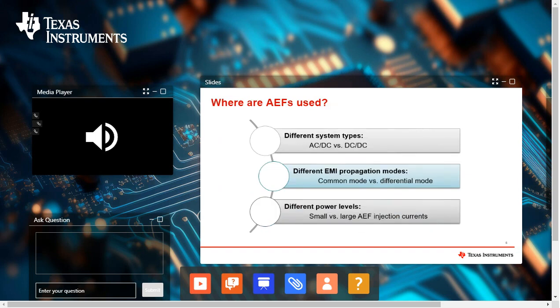There are different AEF ICs for different requirements. There are AEF ICs for AC-DC versus DC-DC systems, AEF ICs for common mode versus differential mode EMI, and AEF ICs for systems requiring small injection currents versus large injection currents.